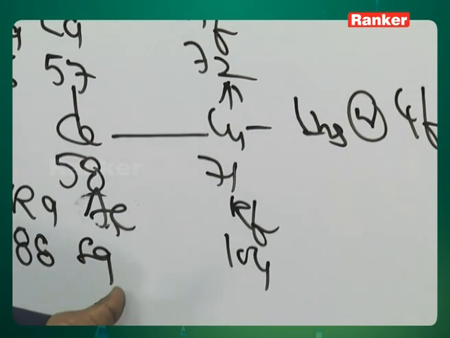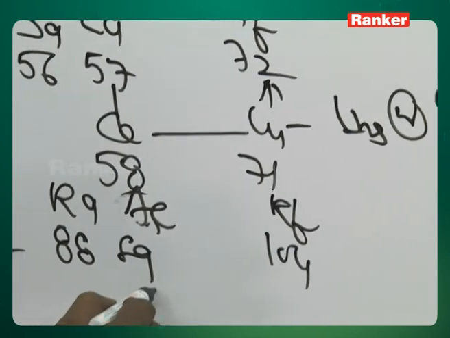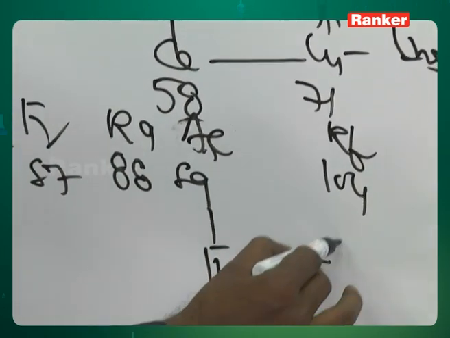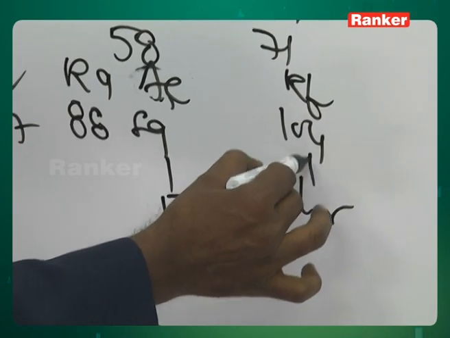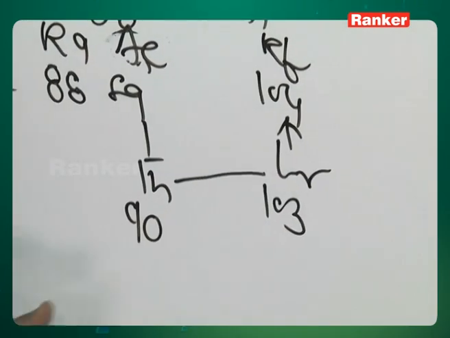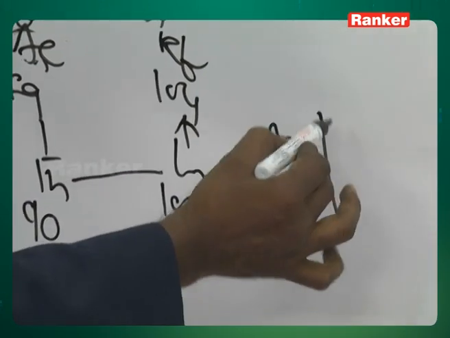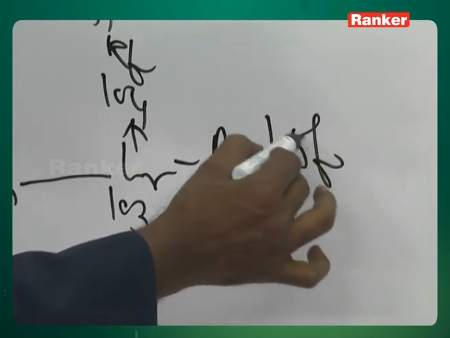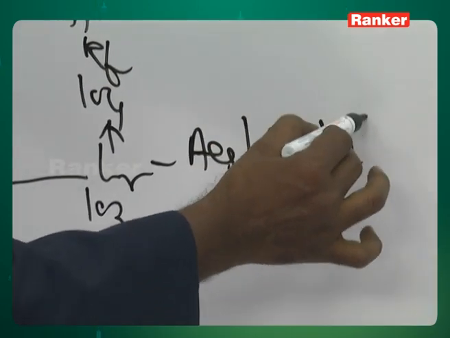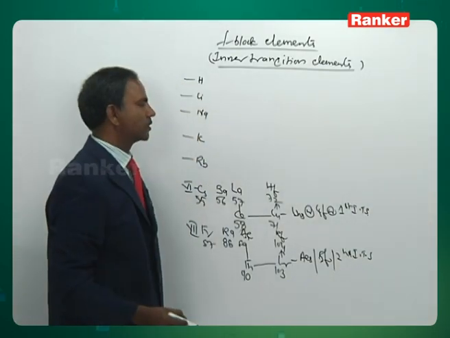In between 89 and rutherfordium 104, the 14 elements, thorium 90 to lawrencium 103, are known as actinides, or you can take the 5F series, or the second inner transition series.